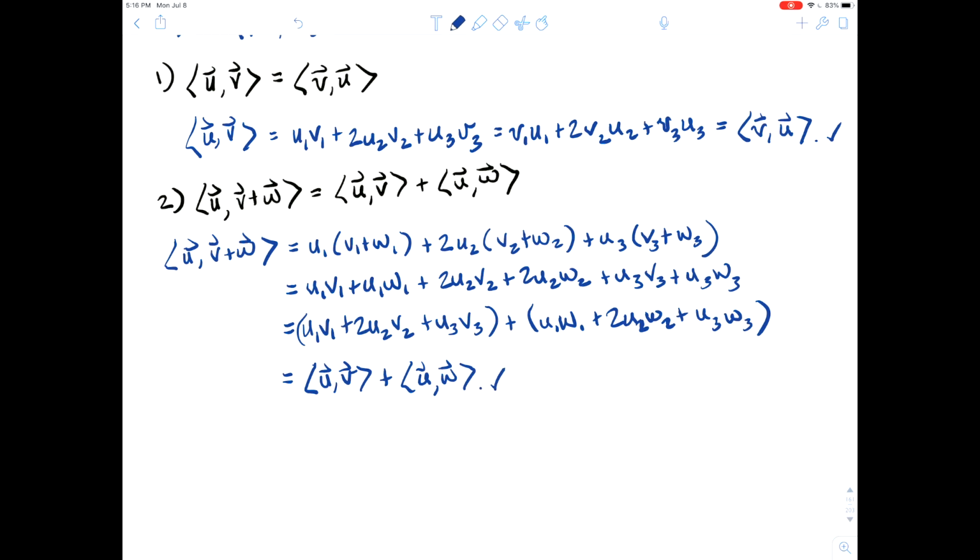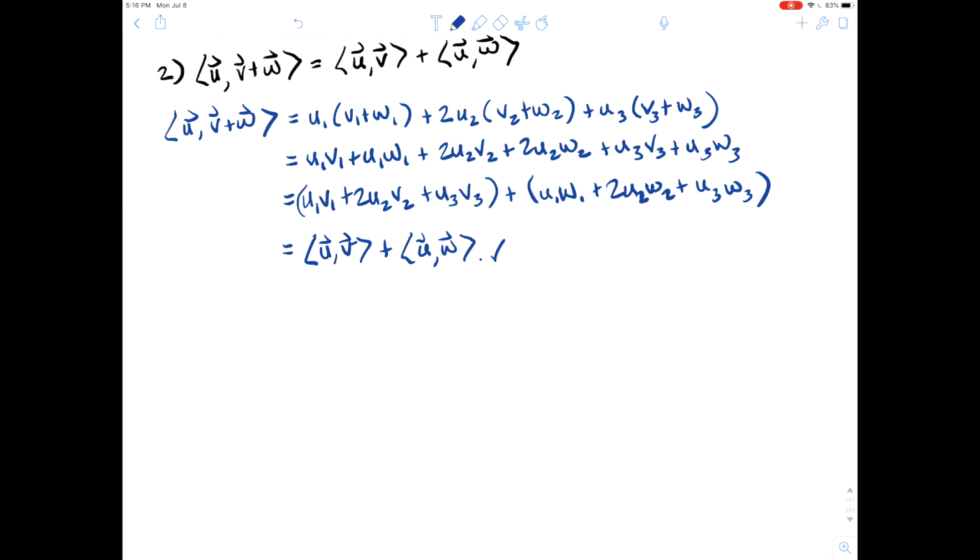Just a few more, right? Actually, two more. So now we have to do the scalar business. The inner product of C times u and v is supposed to equal C times the inner product of u and v. So let's check it out.